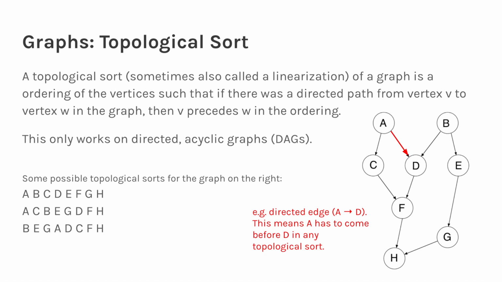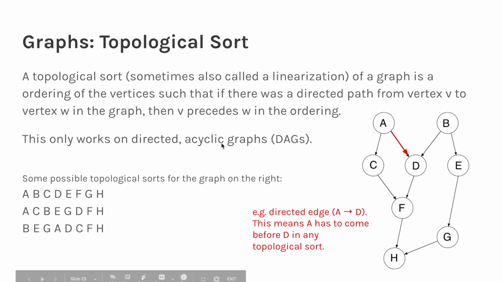And we want to order the vertices in such a way that if there's a directed edge from node V to node W, then V has to come before W in our ordering. So for example, if you have the edge AD here, A has to come before D in any topological sort. And this only works for directed graphs, of course. By definition, we're talking about directed edges.